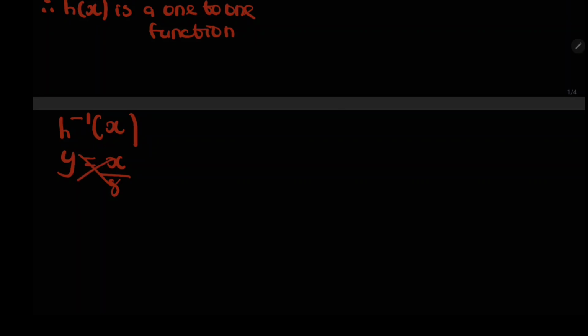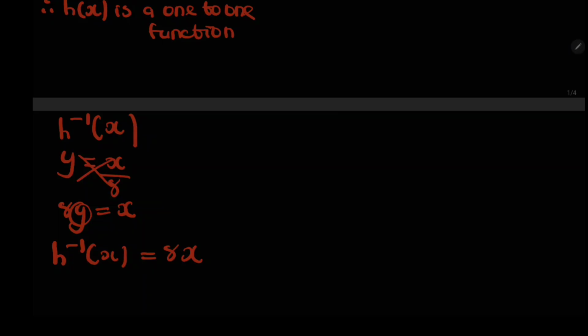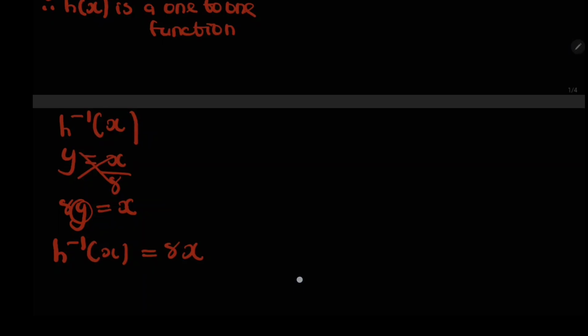So we cross multiply. So we are going to have 8y equal to x. So that's all. Simply, our h inverse of x is 8x. So now we are replacing this y with x. That is that for h of x.